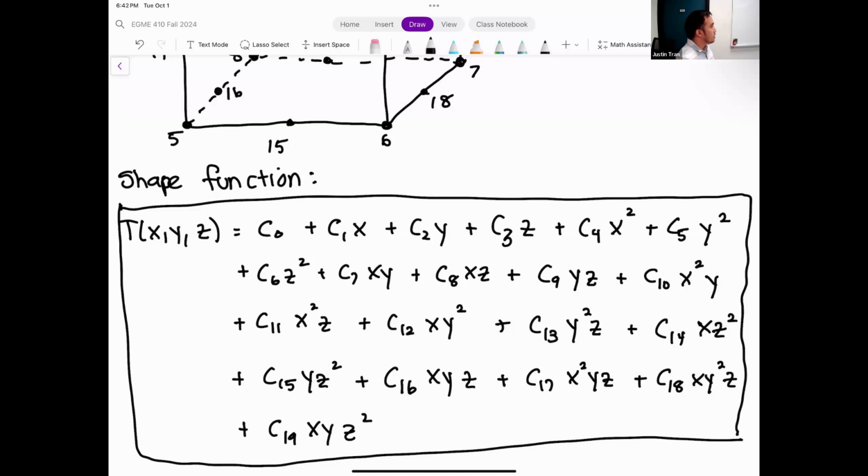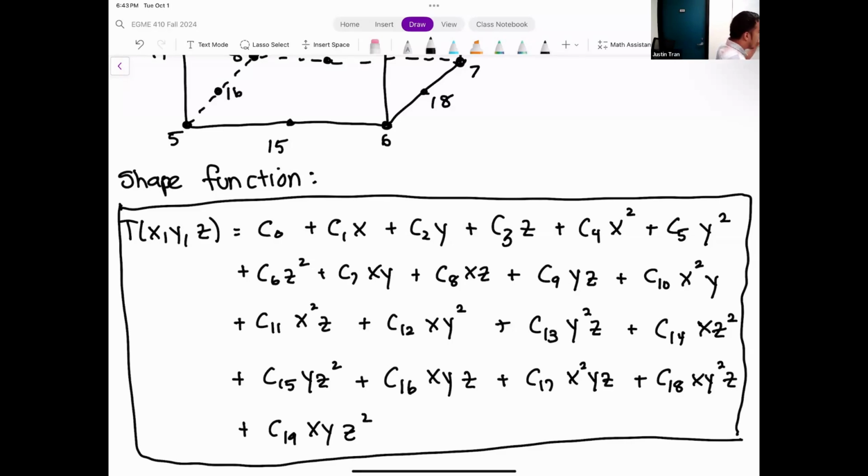All right. So that's pretty much as comprehensive as you can get, at least for a Cartesian system. So basically any kind of solution behavior, as long as it follows one of those terms, the quadratic hex is going to pick it up. Okay. So you can see why, based on the number of terms here, this element is so coveted.